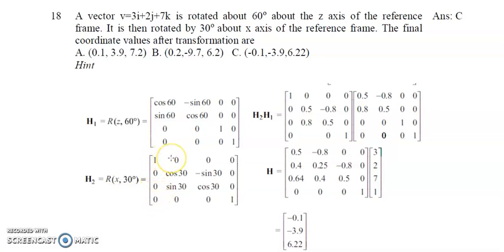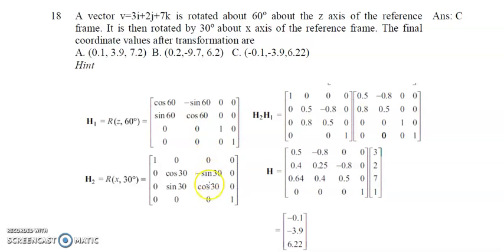Here it is going to be cos theta, 0, minus sin theta. So remember, this is cos theta, this is 0, this is minus sin theta. This column is going to be 0, 0, 1, 0, right?